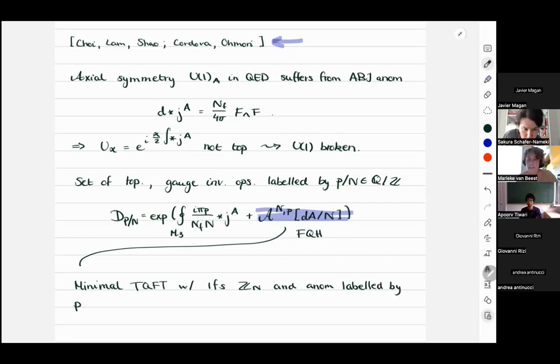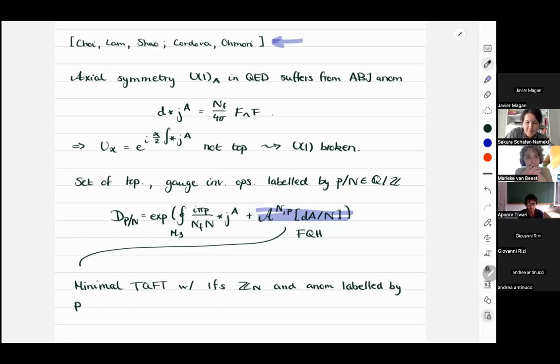Hi, can I ask a question? Yeah, absolutely. Yes. So you started with this U alpha, which is not topological, and there was a intermediate step in which you could redefine J by adding something like ADA. This is Adler's modified chiral current, which is conserved.